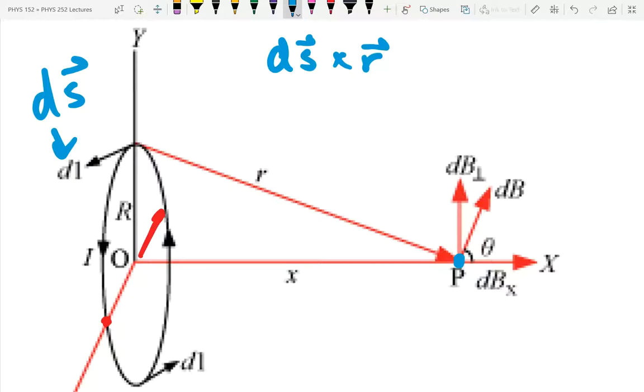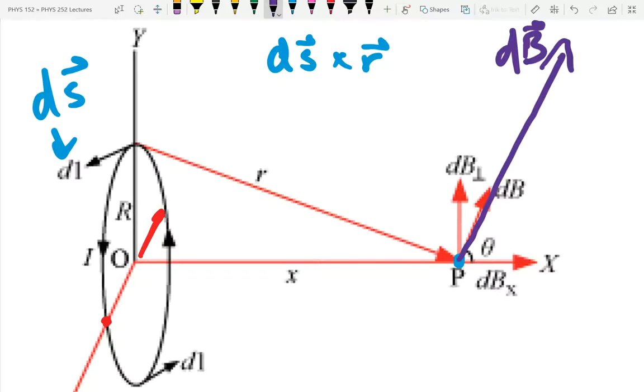So, of course, the picture already had it shown for us, but I want to make sure we can determine that. So I'm just going to make that bigger. So there's my dB vector. Now I need to break that into components, and I'm going to break them into components for a perfectly good reason.